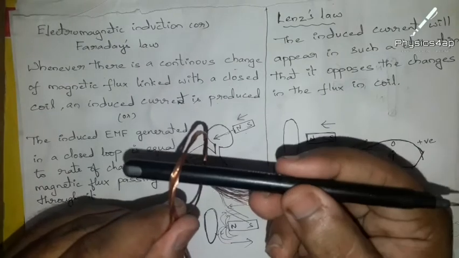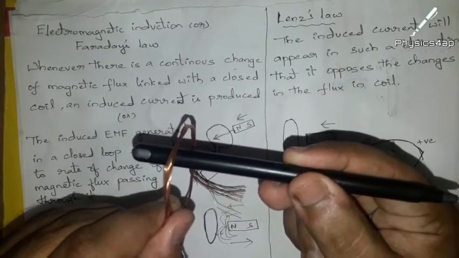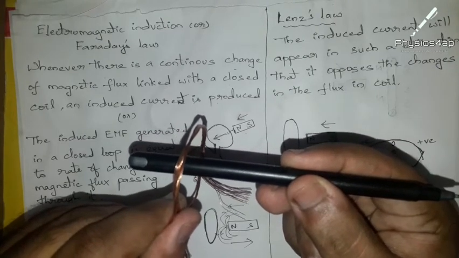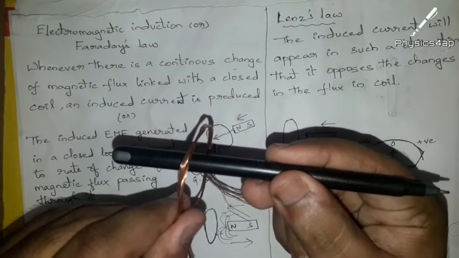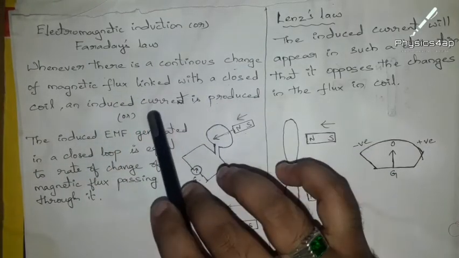Now if I keep it like this in the same position, as there is no change in the flux, the current will not be produced. Again if I move it backward, there is a change in the flux, and again there is an induced current.